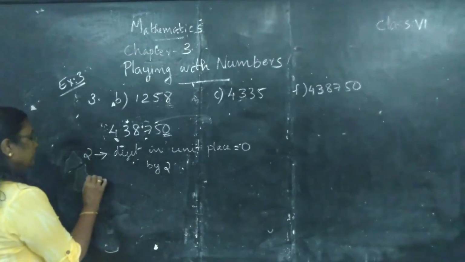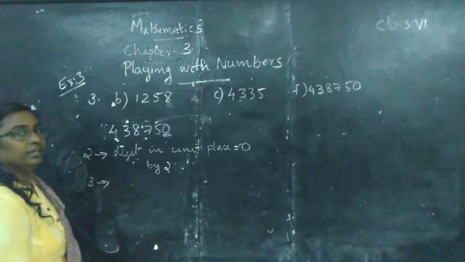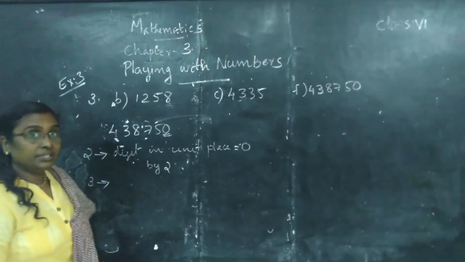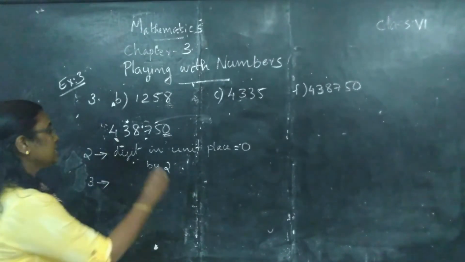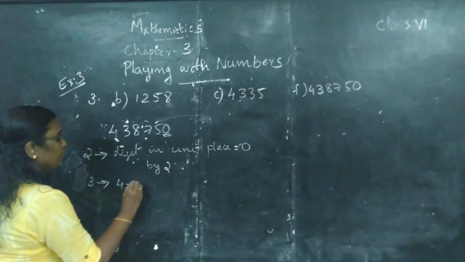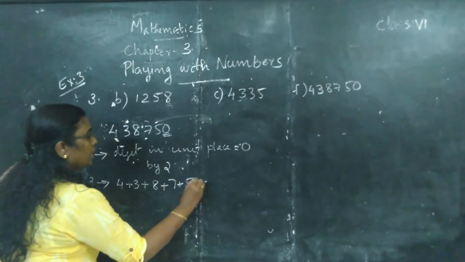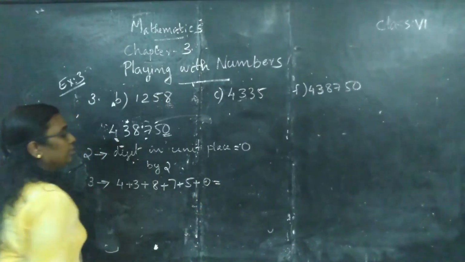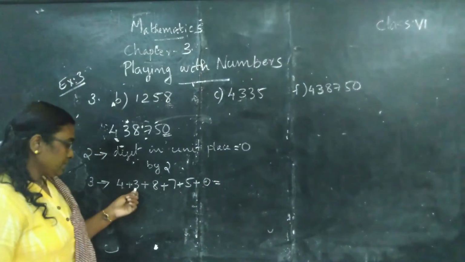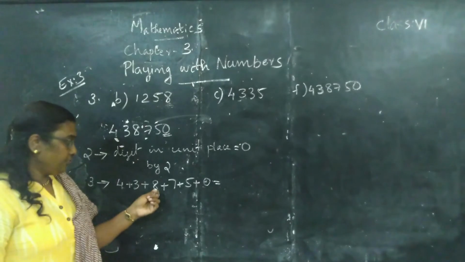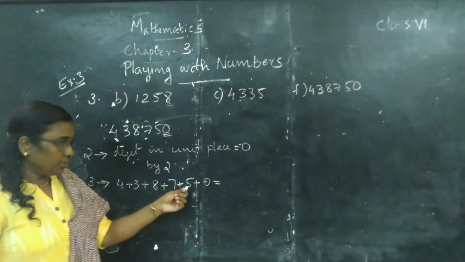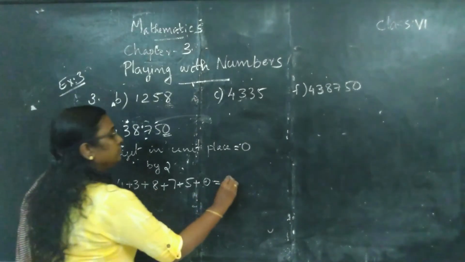Okay. Then we have to check divisibility by 3. For that, we have to find the sum of digits. Here the sum of digits is 4 plus 3 plus 8 plus 7 plus 5 plus 0. What is the sum? 3 plus 4, 7, plus 8, 15, 22, 27.